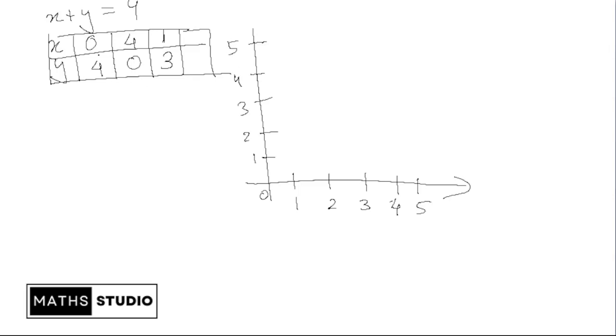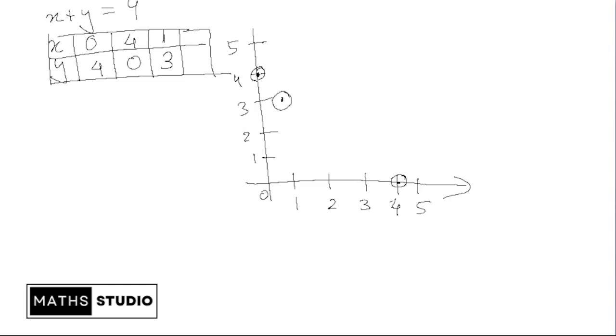So when the value of x is 0, the value of y is 4. So this is our 1 point. When the value of x is 4, the value of y is 0. So this is another point. When the value of x is 1, the value of y is 3.